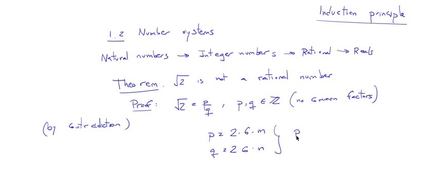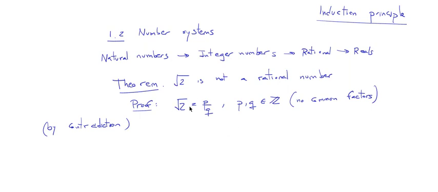Then we could write p over q as (2·6·m) over (2·6·n), and these factors cancel each other out, and this is the same as m over n, which does not have common factors. And if they had, we could keep going like this until they had no common factors. So p and q have no common factors.